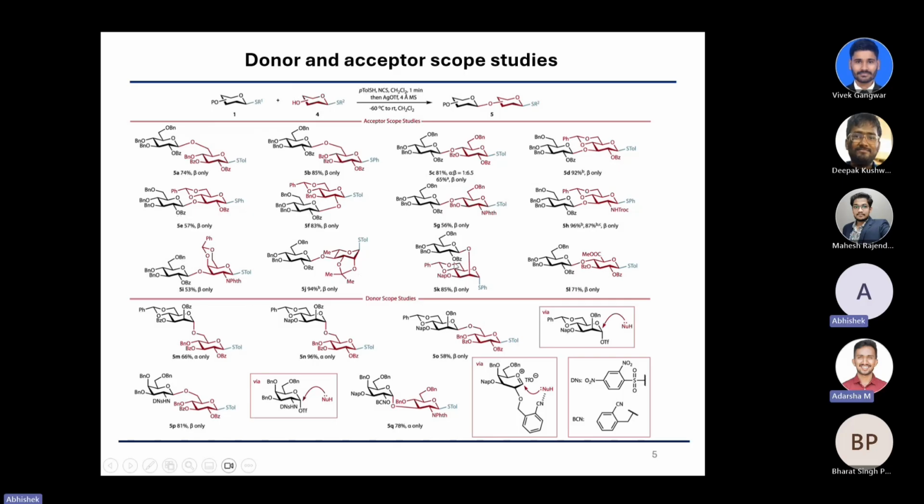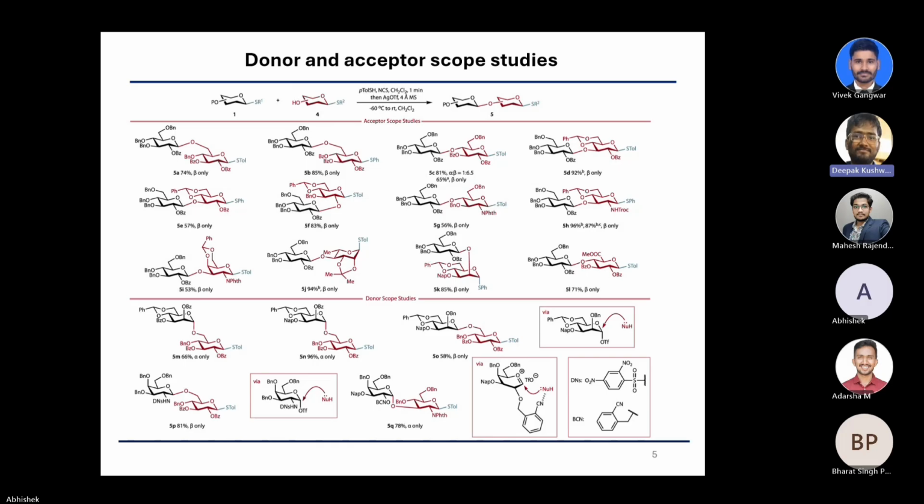Where is C2 OBn you are telling? This C2 OBz. 5O, the last line donor scope study we have shown, right? Here all are OBn, right? Where is... Oh, here, okay, sorry. OBn. But that by itself is seed manos, no? That is very well known because of benzyl they are getting.